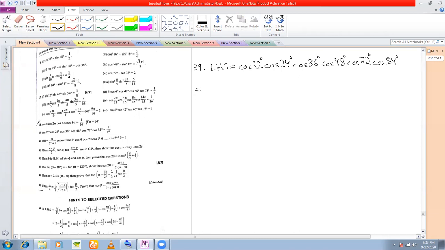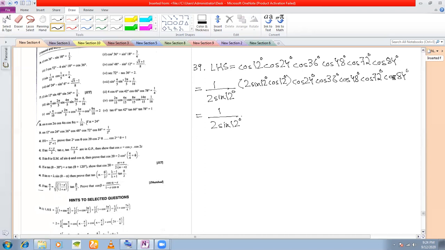So what you do here is you multiply and divide by 2 sine 12. Sine is missing, so you add a sine 12. 1 by 2 sine 12, and you write this as 2 sine 12 degree cos 12 degree, and the others remain as they are: 24 degree, 36 degree, 48 degree, 72 degree, cos 84 degree.